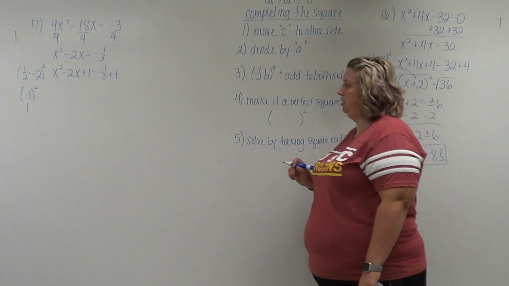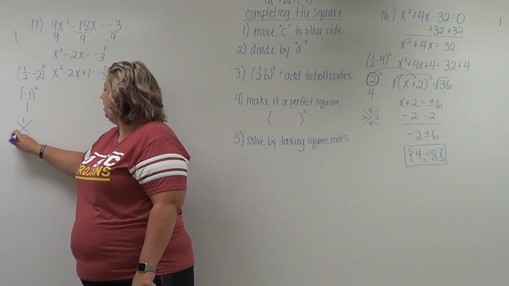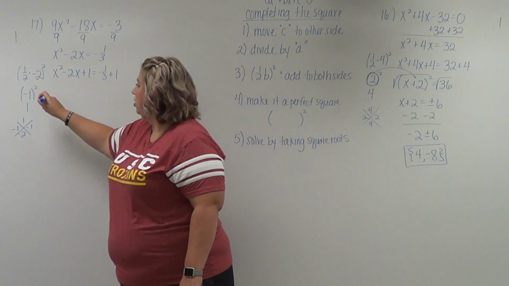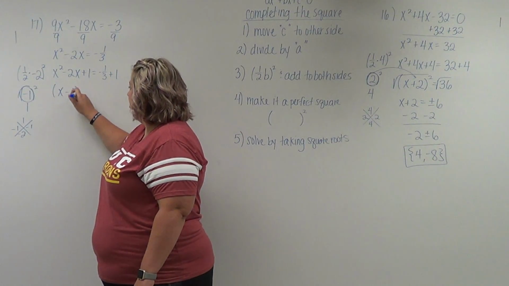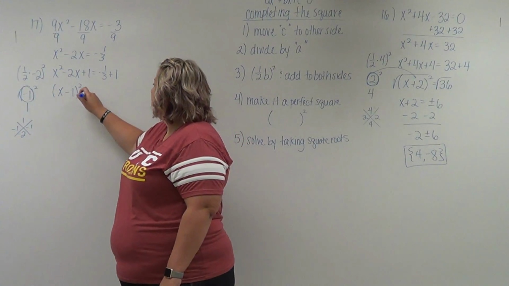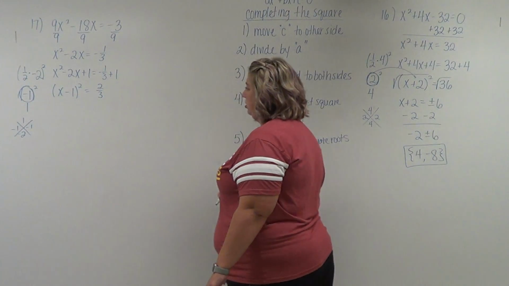Okay, number 4, make this a perfect square. So if you do the factoring, multiply to get 1, add to get negative 2, negative 1, negative 1. Or, we look at this number right here, that's the number that goes in there. Since it was negative, that's why it's minus. Okay, the right side, negative 1/3 plus 1 is 2/3.